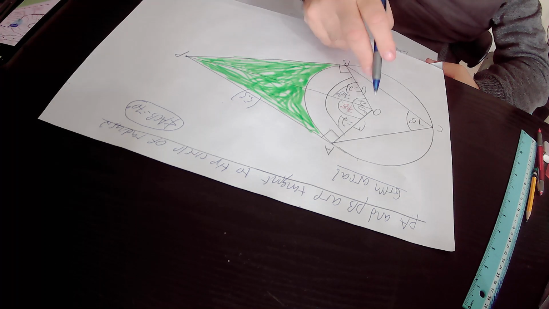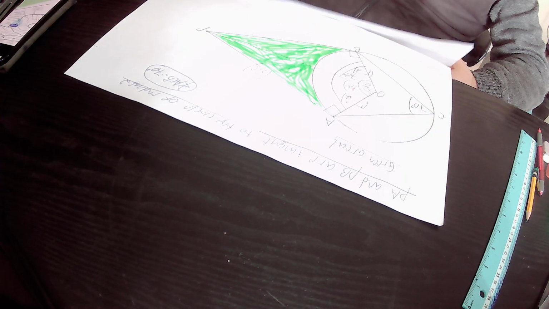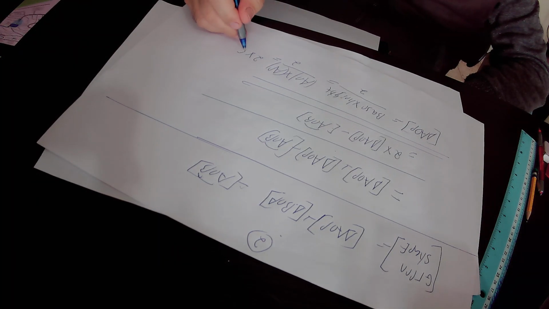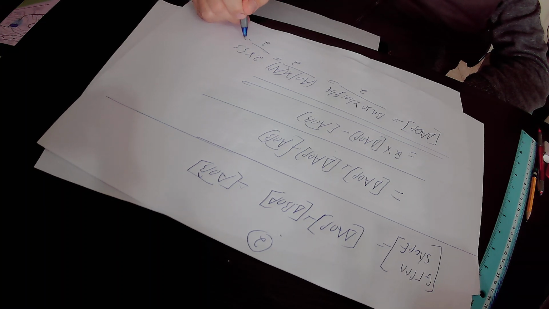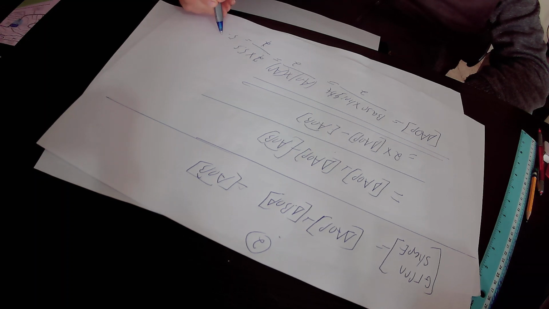The base AO is equal to 2, so we substitute AO by 2 times AP. AP is 5.5, so we substitute AP by 5.5 divided by 2. So we have 2 in the numerator and 2 in the denominator, so the 2 gets cancelled, and we are left with only 5.5.